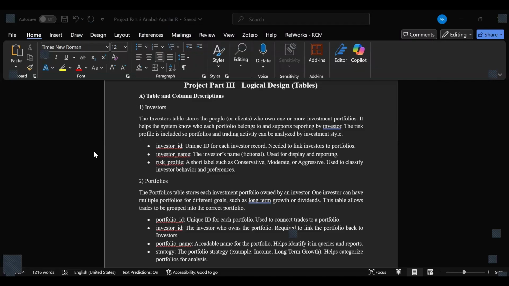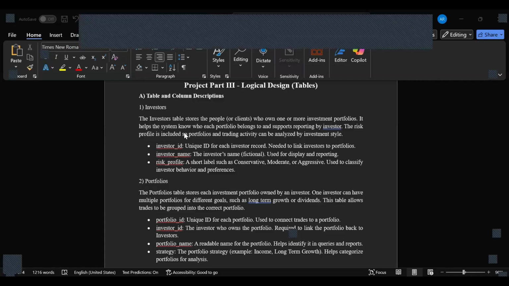We have the investor table, as I mentioned before. These are basically the people, or clients, who can own one or more investment portfolios. This helps us know which portfolio belongs to who.